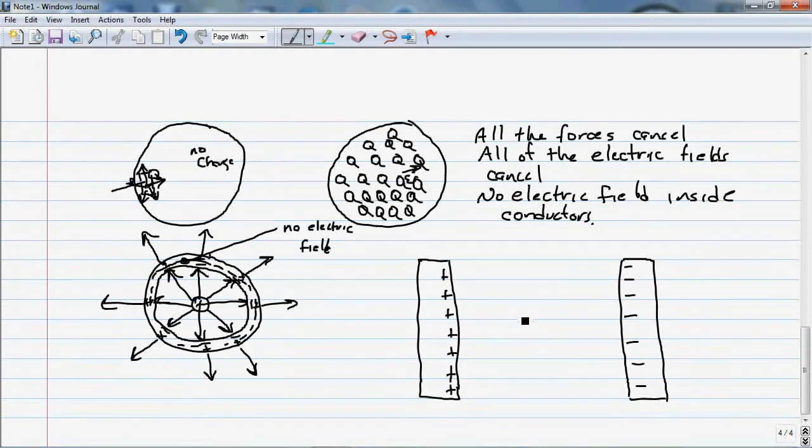And now let's say I put something in the center here that's made of some type of conductor, a box.